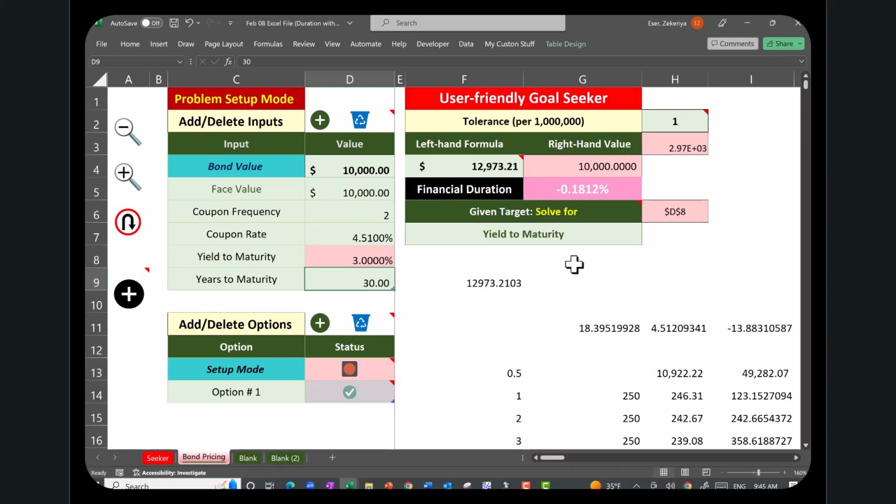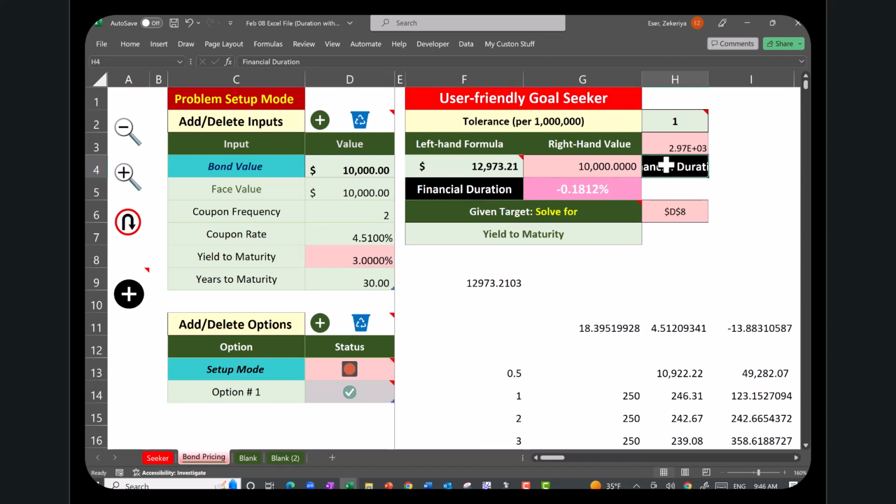Convexity is basically, you can think of that as the change in duration. We can calculate it with a formula, or we can calculate it using what I call a numerical derivative. So I'm going to actually copy this one here.